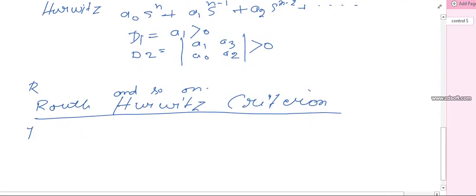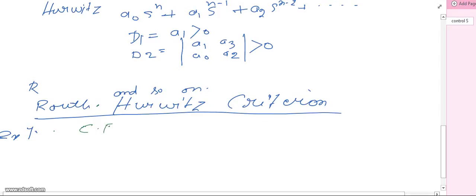Now the first example I am taking is, okay, let me change the pen. Apply the Routh criteria to determine the stability of the system having the characteristic equation as given.